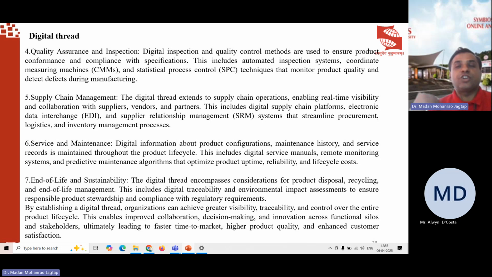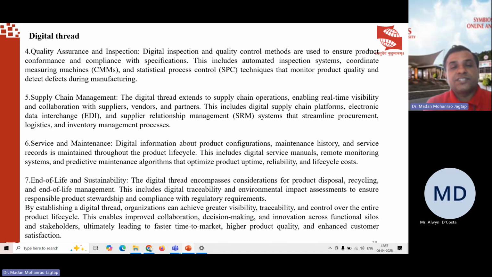This includes automated inspection system. We can observe the product specification, the dimensions, and the precision of dimensions, whether they are as per the design created or not. We can have a coordinate measuring machine, with the help of which we can identify the exact dimensions of the product.